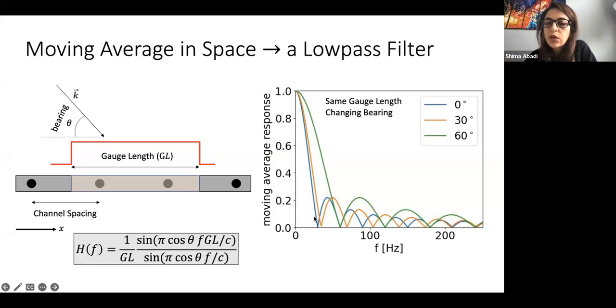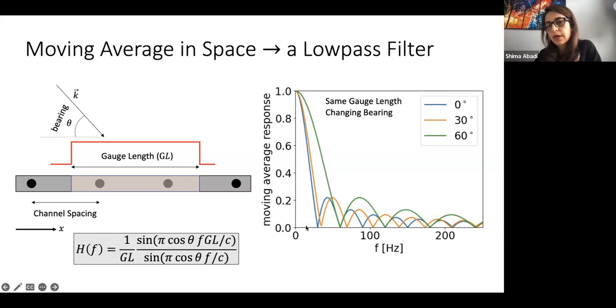If you have a signal below 30 hertz, we can measure it really nicely. But if you have a signal at higher frequencies, the amplitude will be suppressed, and at some frequencies we don't hear them because of the null location. That's the main reason that for fin whale vocalizations we didn't see any impact of gauge length, because they are mainly in this main lobe, at 20 hertz, below 30 hertz.